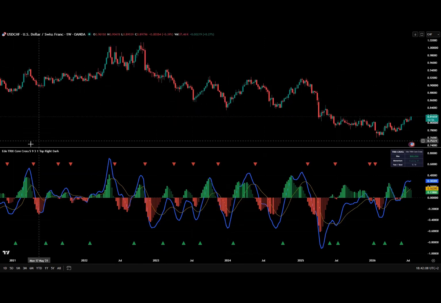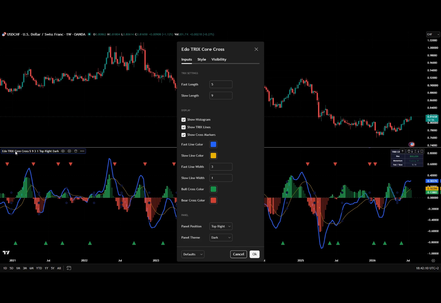Let's open the settings and go through them. The first block holds the two lengths, 5 for the fast TRIX and 9 for the slow one. Those two numbers change everything. Shorter values give you more crosses and more noise, longer values give you fewer and later ones. The display block lets you switch off each layer on its own, the histogram, the lines, or the cross markers.